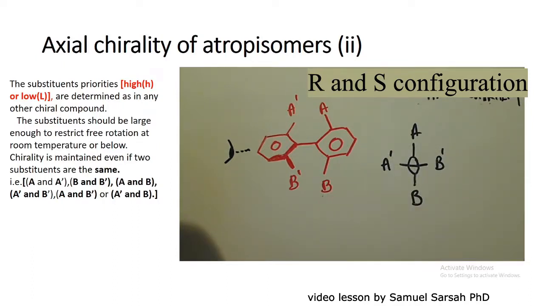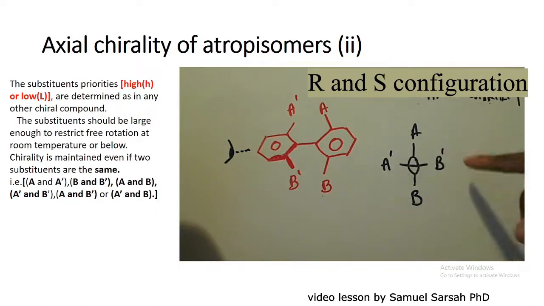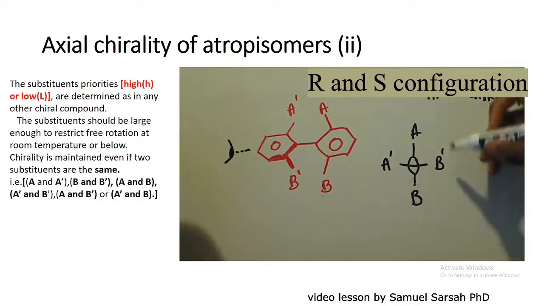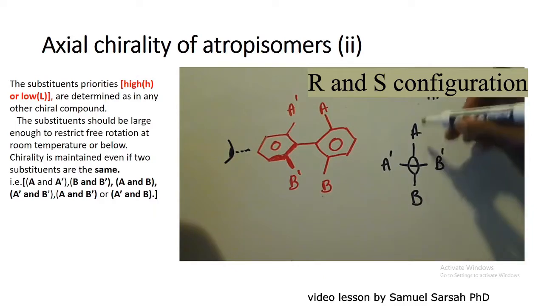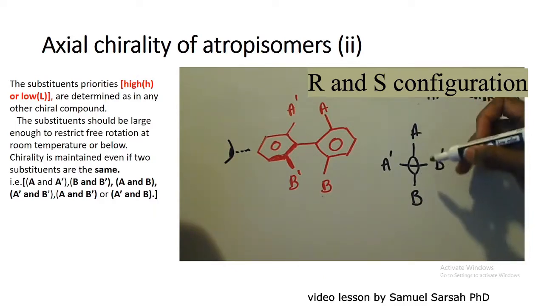So I'm going to assume that in this case B prime is lower than A prime, and then from there I have to look at A and B, which one is higher in priority.